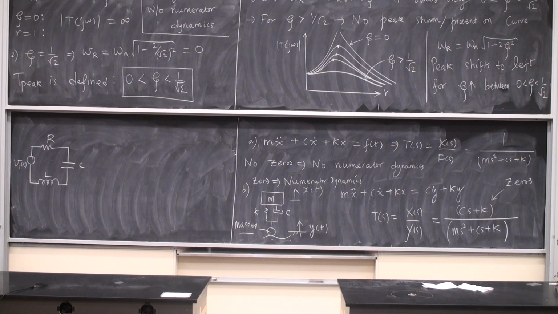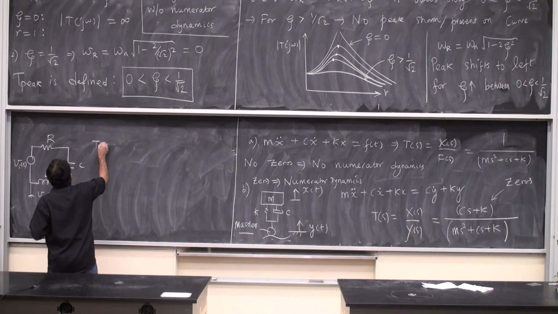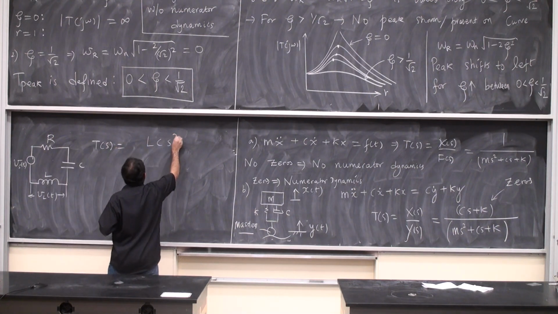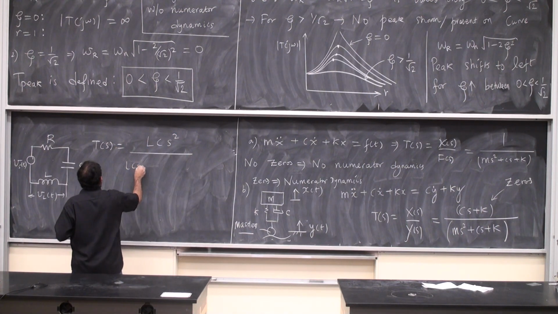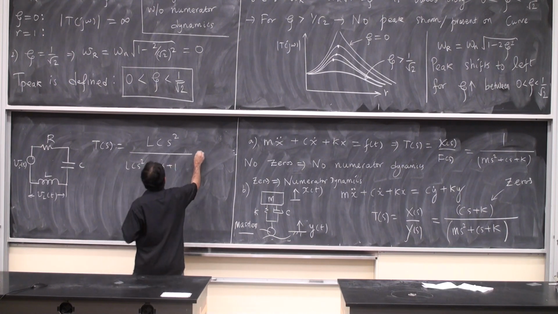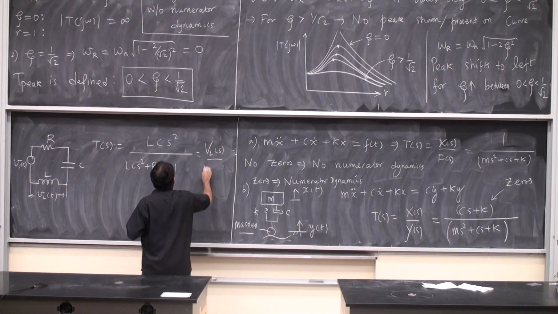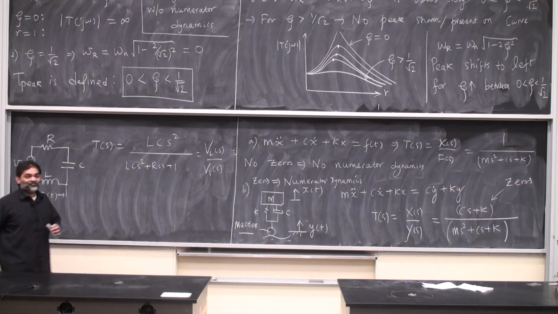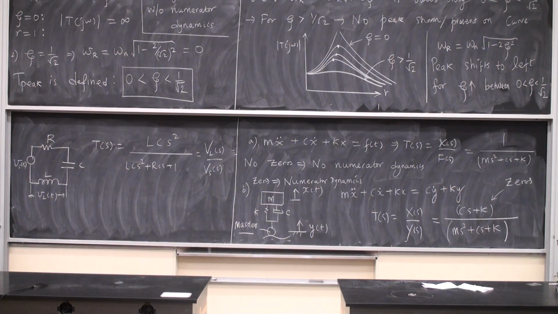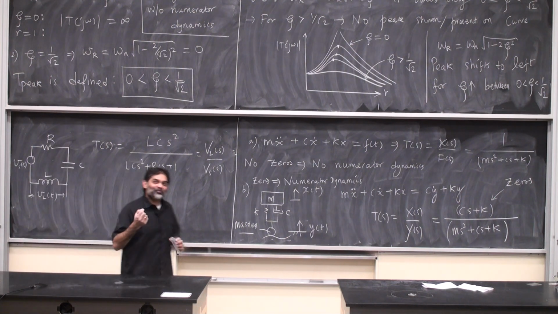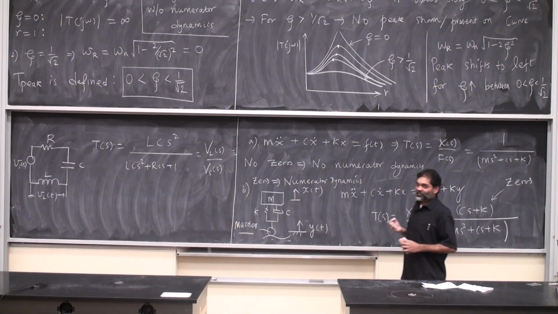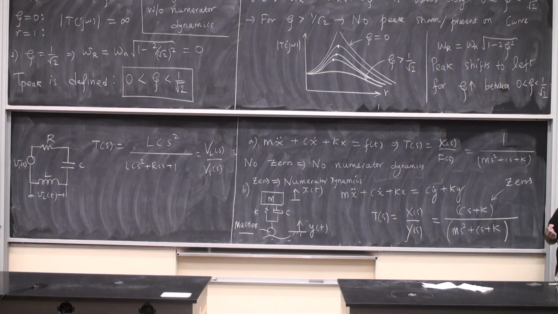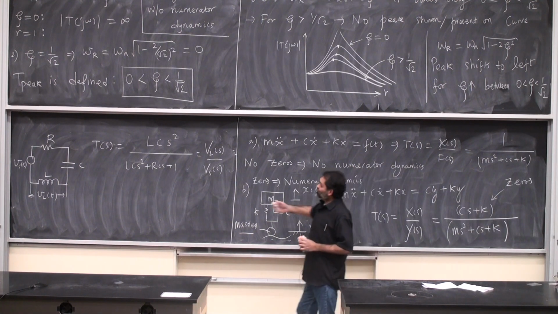If I say that my output voltage is across the inductor, then what will happen is my system transfer function will end up being the following. Completely different problem. Just by changing the location of the output. Okay, silly system, RLC, child's play for us. This is no longer child's play.